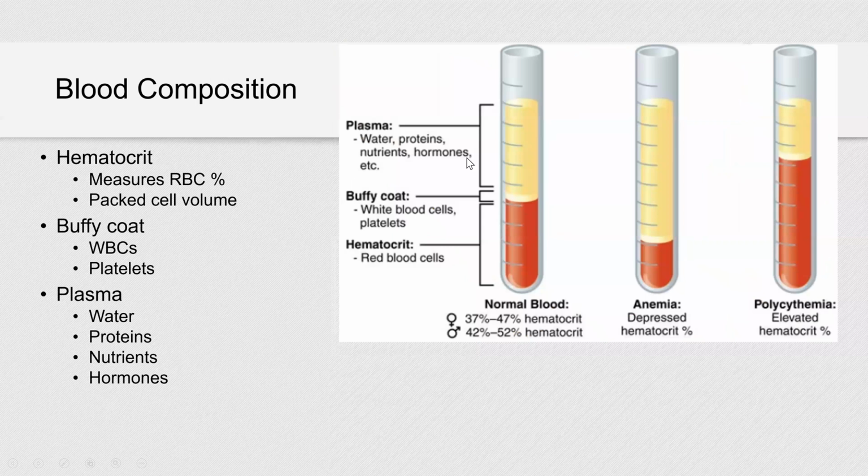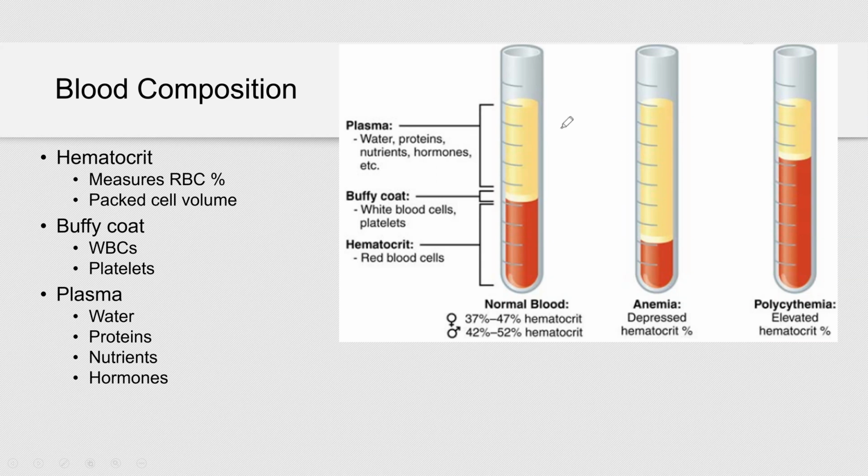Blood composition. Now, if you draw blood, let me get my pen. For example, you have a patient, you draw your patient's blood, put the blood inside a test tube, and then put the test tube in a centrifuge.